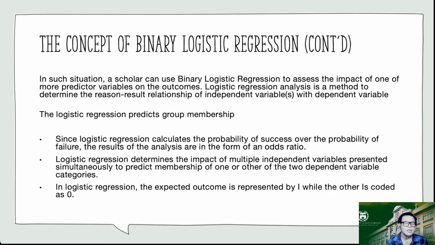At the same time, logistic regression determines the impact of multiple independent variables, presented simultaneously, to predict membership of one or the other of two dependent variable categories. So in logistic regression, the expected outcome is represented by 1 while the other is coded as 0.